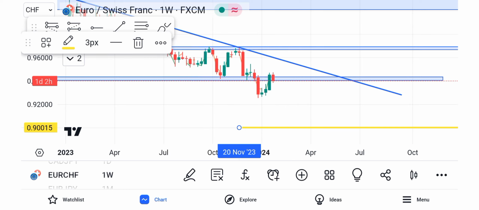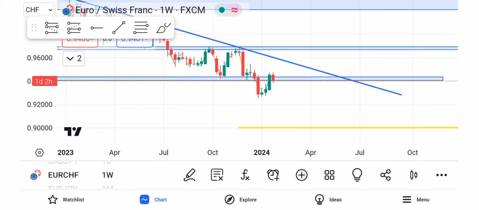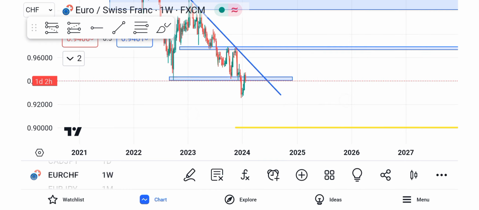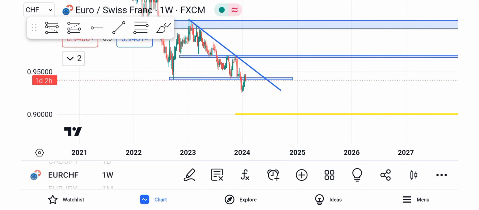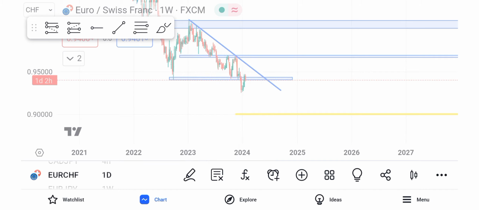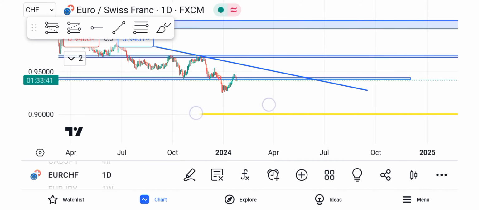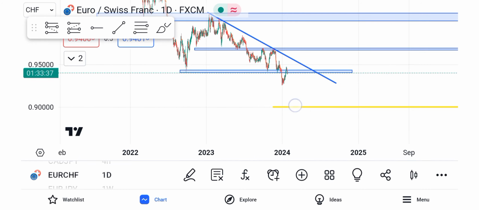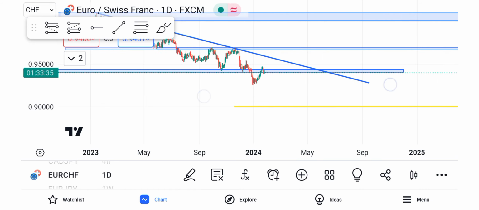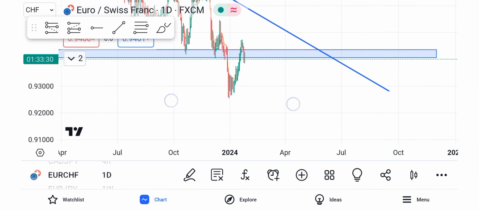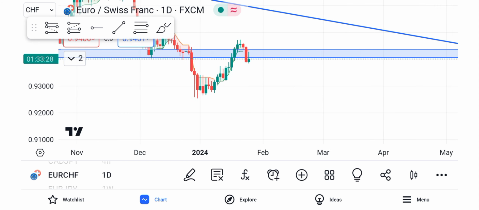Let's have this locked and done. Okay, cool. So we've gotten that information from the weekly time frame, right? Let's go back to the daily time frame and see what we find. Okay, no new information. So this is also going to be a fast one.